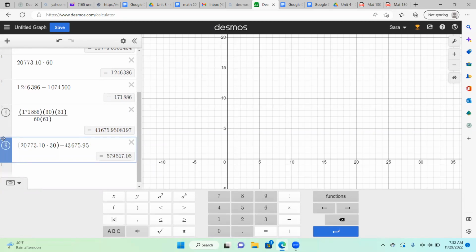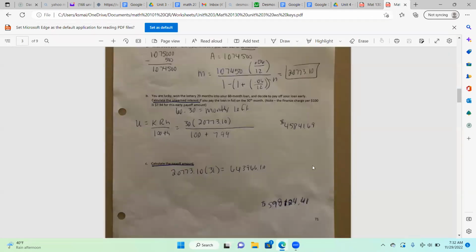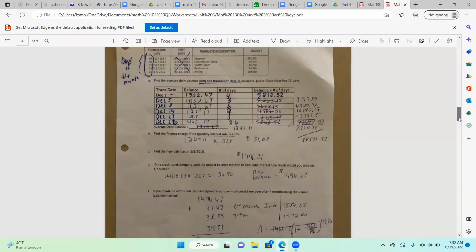So our payoff should be 579,517 and 5 cents. So just a little bit different than what we have here. It's a different way of calculating it.